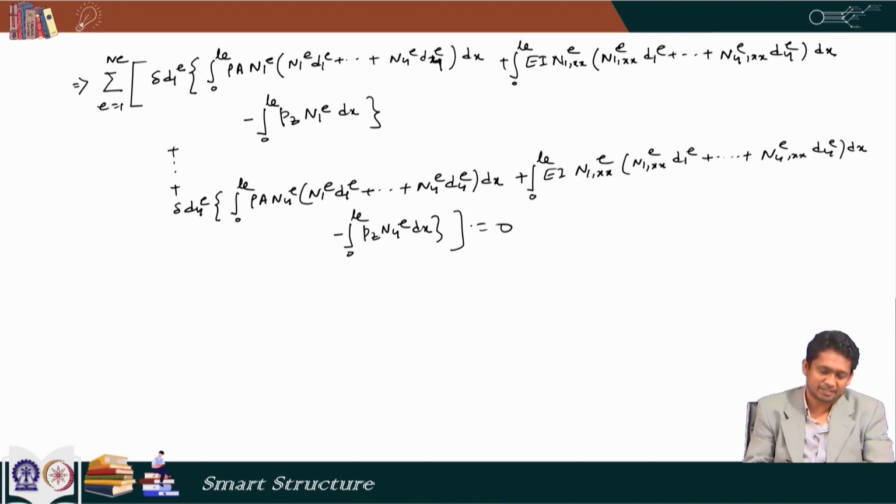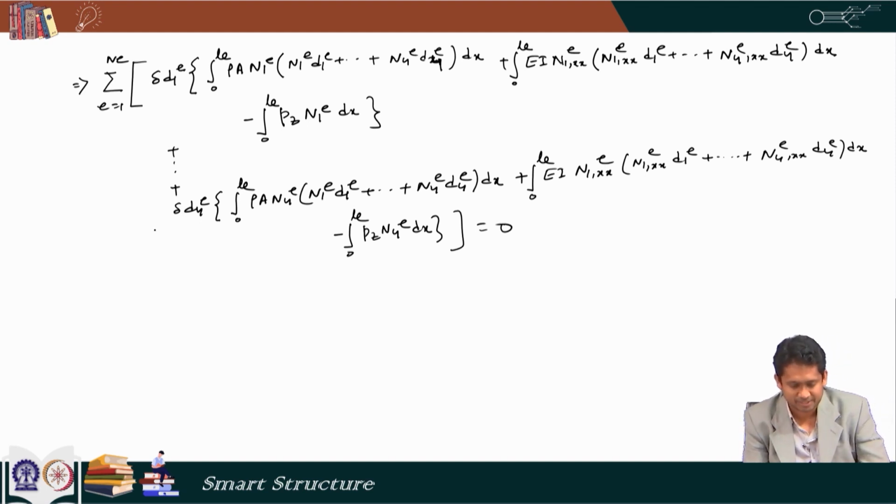So, here we see that we have delta D1, delta D2, delta D3, delta D4, and delta D1 is multiplied with a big expression, and so are delta D2, delta D3 and delta D4. Now, the entire summation is 0, but delta D1, delta D2, delta D3 and delta D4 are independent, arbitrary variations.